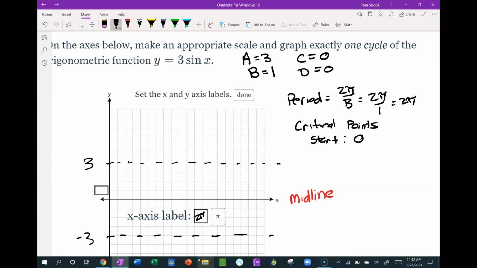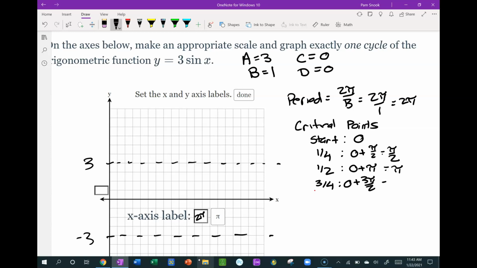That's at C, so that's going to be at 0. And then my quarter point is going to be 0 plus 1/4 of a cycle, so pi over 2. Then my halfway point is going to be 0 plus half a cycle. My 3/4 point is going to be 0 plus 3 pi over 2, which equals 3 pi over 2. And then my end point, my last one, is going to be 0 plus 2 pi. That's a whole cycle, or 2 pi.